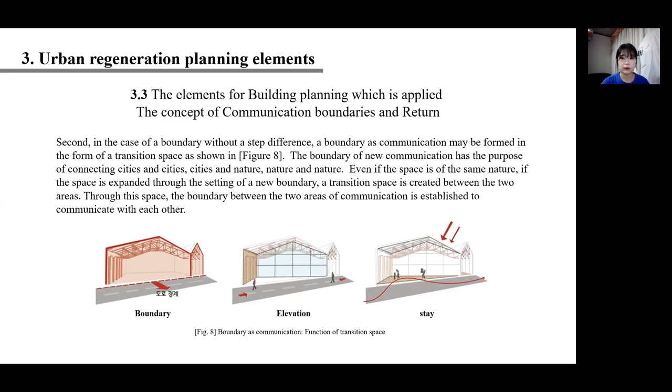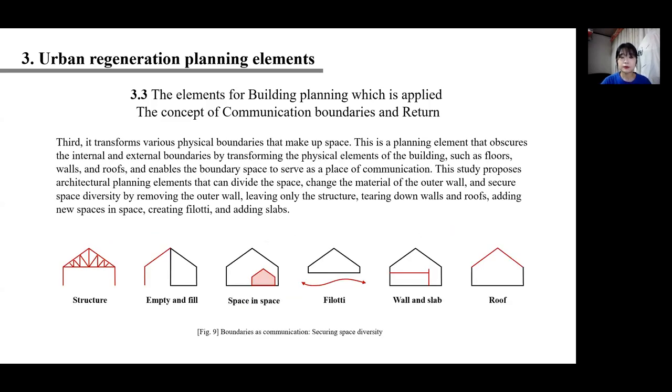Third, it transforms various physical boundaries that make up space. This is a planning element that obscures the internal and external boundaries by transforming the physical elements of the building, such as floors, walls, and roofs, and enables the boundary space to serve as a place of communication.